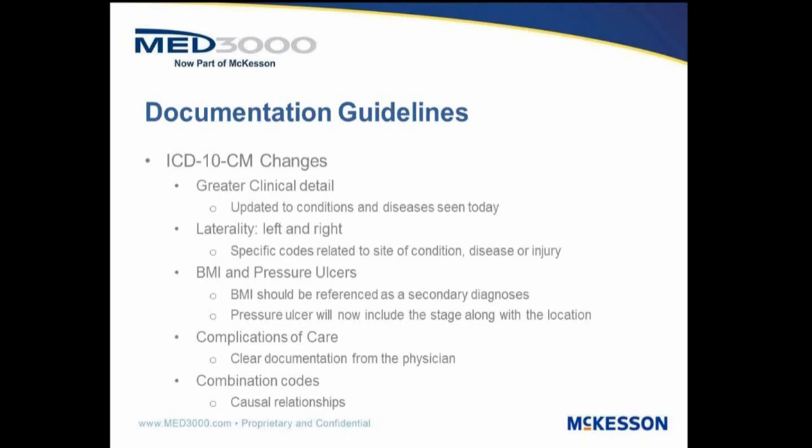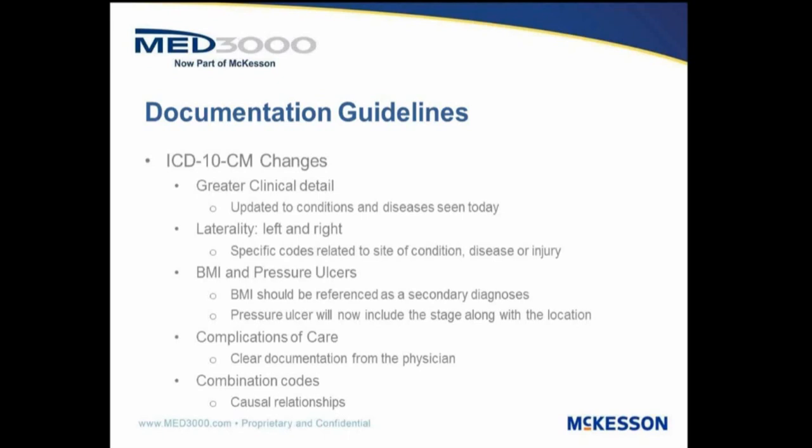Some of the documentation guidelines with ICD-10 and the changes: it's going to be greater clinical detail. It will update the conditions and diseases as we see today. When we're talking about left and right, there will be specific codes related to the site of the condition, disease, or injury.